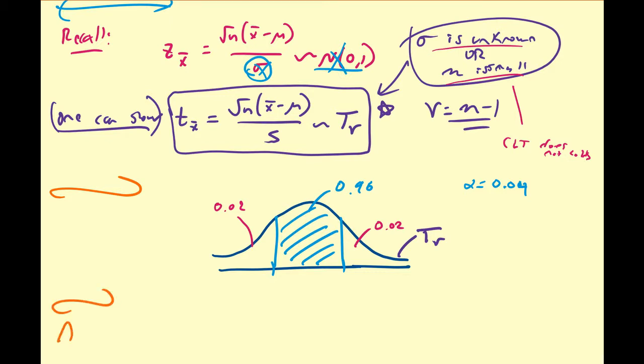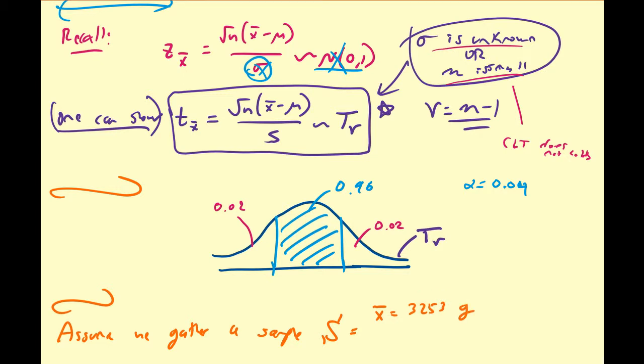So let us assume we gather a sample S, and let us assume this sample has some characteristics. Let's assume the sample mean is equal to 3,253 grams.